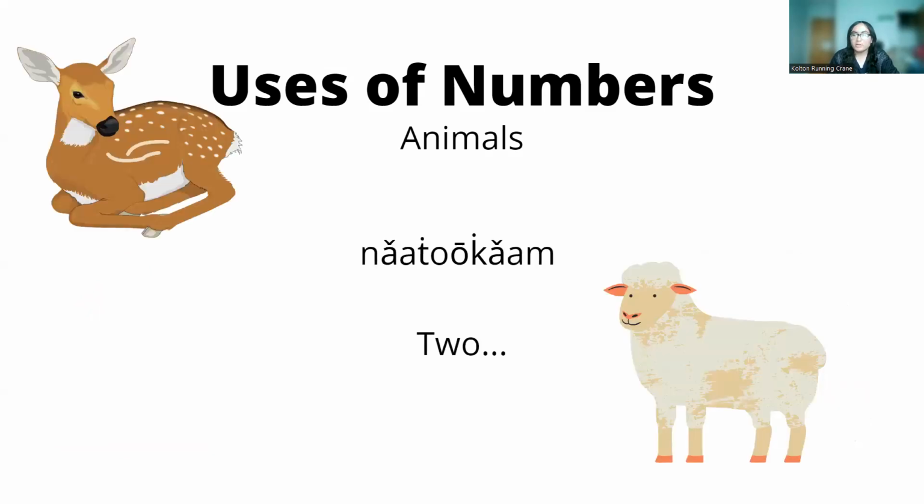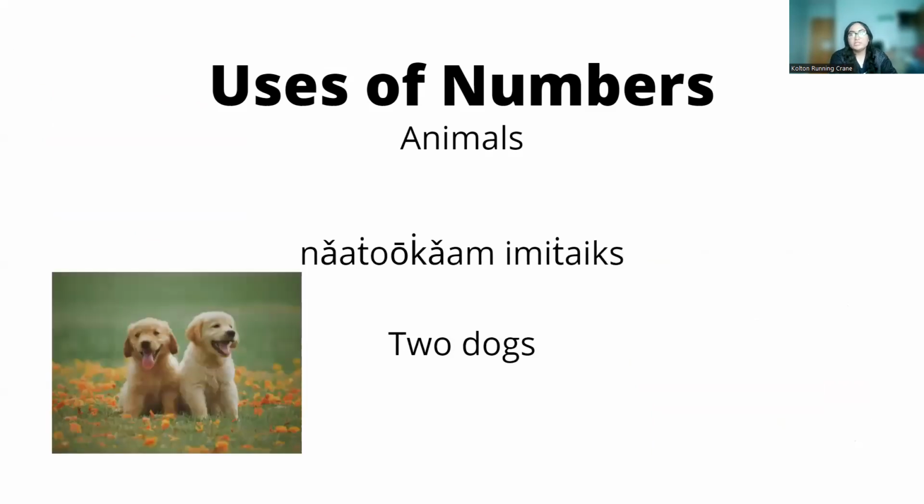Or you take natuka and get natukam to say there are two of an animal. For instance, you could say Natukam imitates. Natukam imitates means there are two dogs.